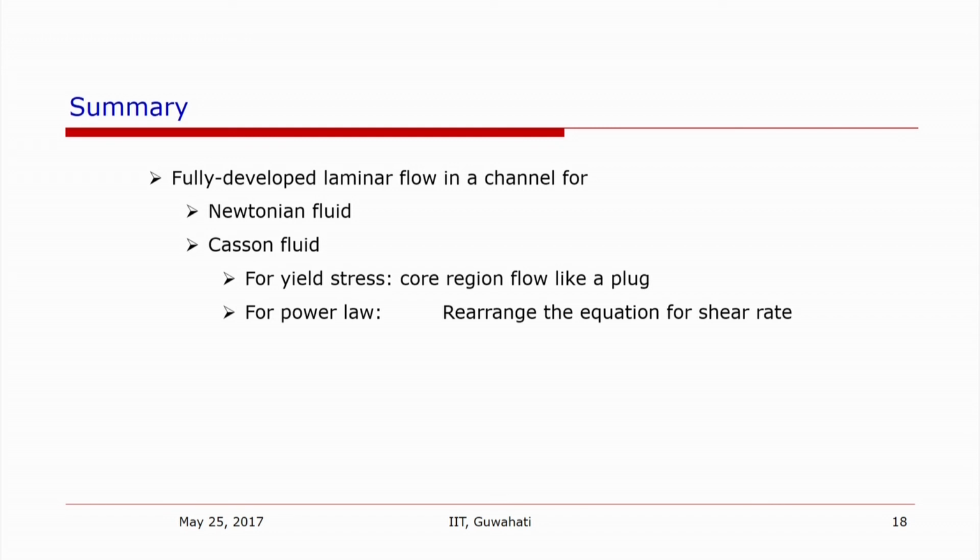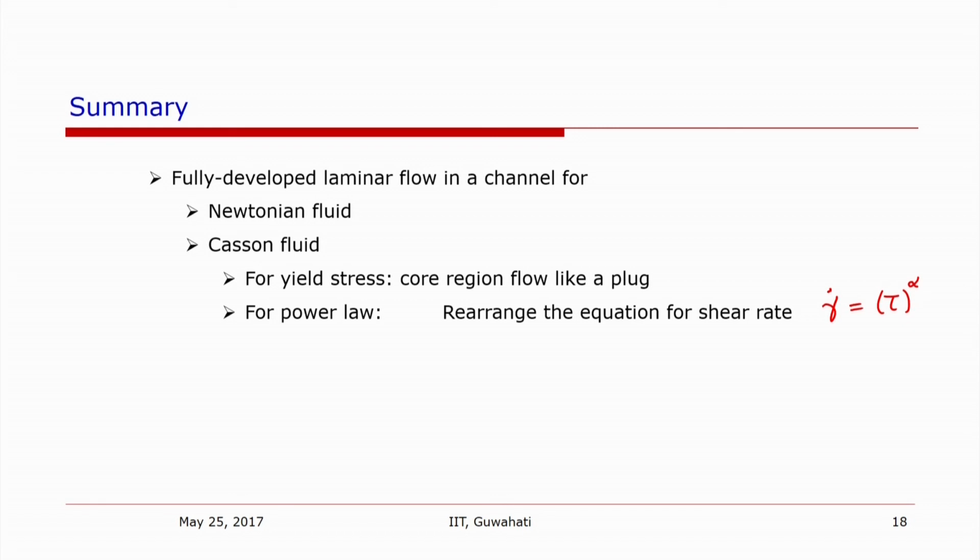Now, another lesson, for the power law fluid, says that we can rearrange the equation as gamma dot, the shear rate, is equal to something to the power alpha, where alpha can be any number.